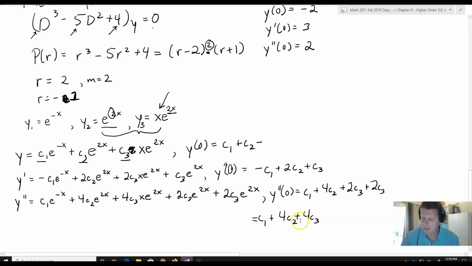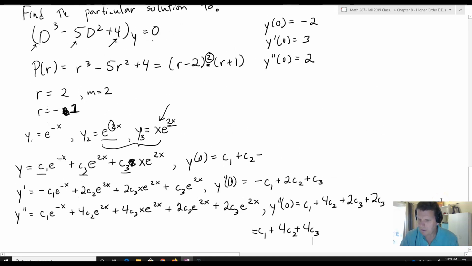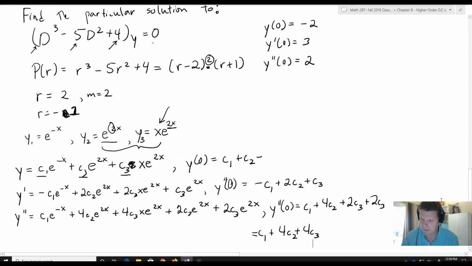Now what we're given here is basically a system of equations. Actually, before I do that, I want to set what these are equal to. This is going to equal -2, this one here will equal 3, and this one here will equal 2. We got those values from our initial conditions.